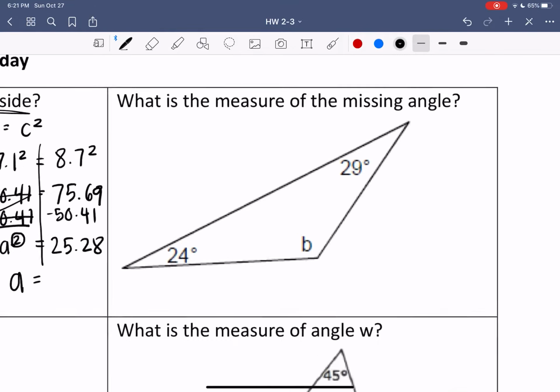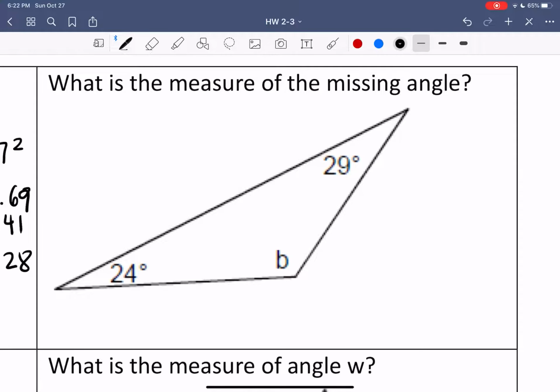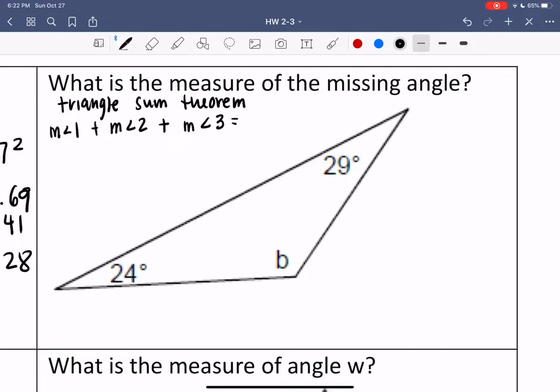Okay, going here. What is the measure of the missing angle? Okay, so switching away from the Pythagorean theorem and moving to the triangle sum theorem, which is the measure of angle 1 plus the measure of angle 2 plus the measure of angle 3 equals 180. So again, we can substitute the ones that we know. We know 24 plus 29 plus b equals 180.